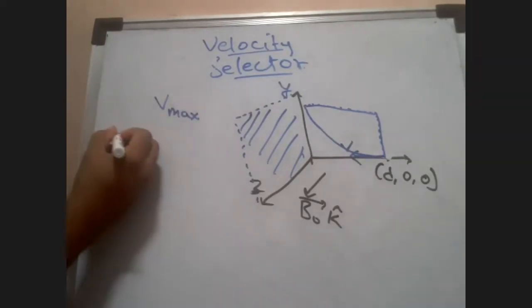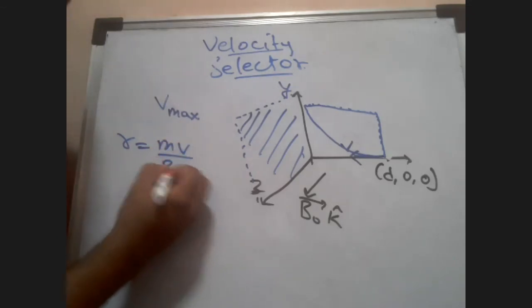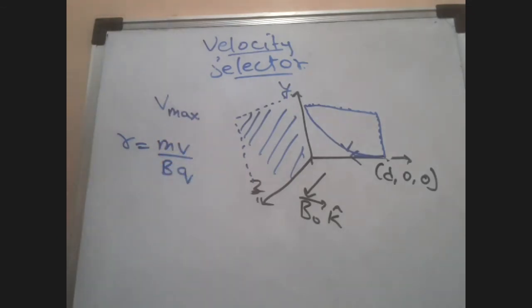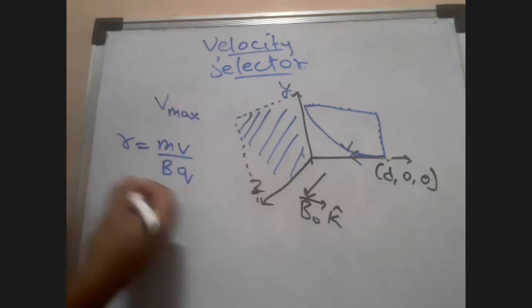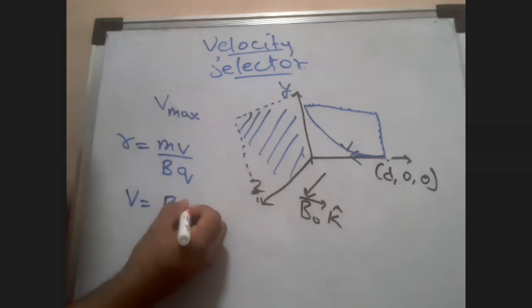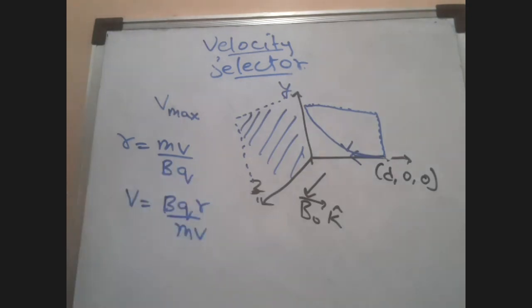So I can say that my radius R is equal to mv upon bq, students. And for my velocity v, just find out the velocity v. How will I find out? Rearrange this term. It will be bq R upon m.